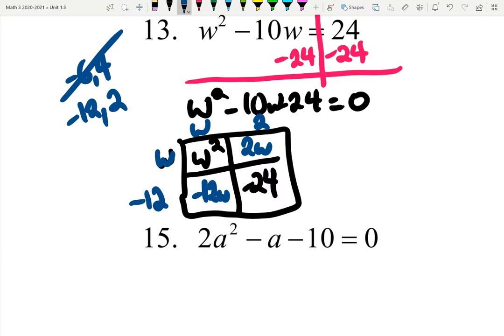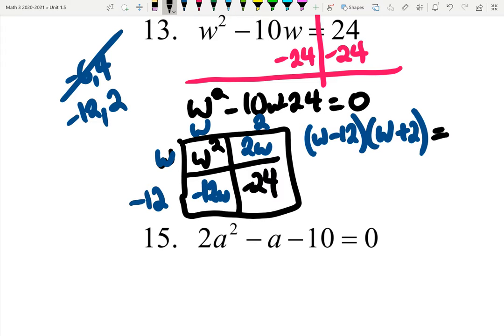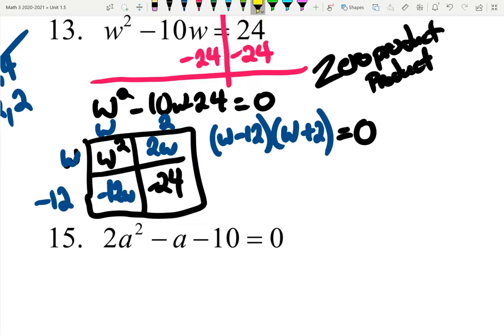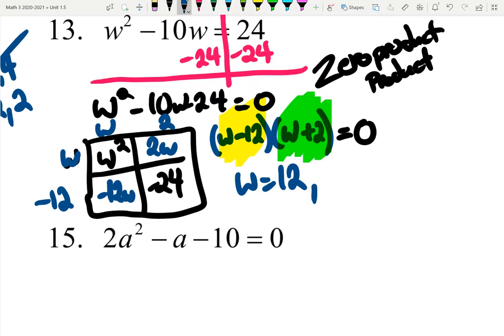Basically, it turns into w minus 12 times w plus 2, and it is equal to 0. Notice, using the zero product property, since it's in standard form and then I factored it, I just ask myself, when is this going to be equal to 0? Hence, I get w can be equal to 12 or negative 2.